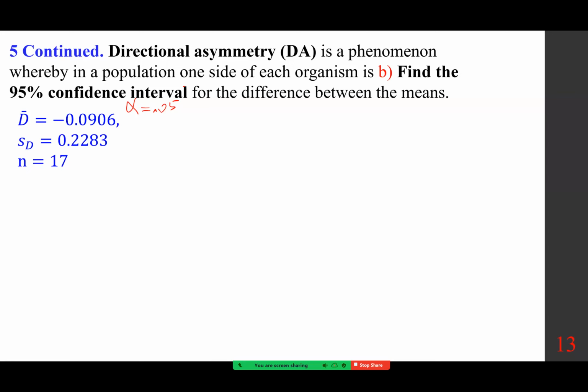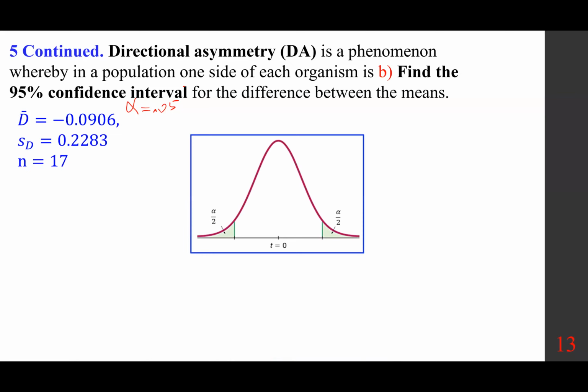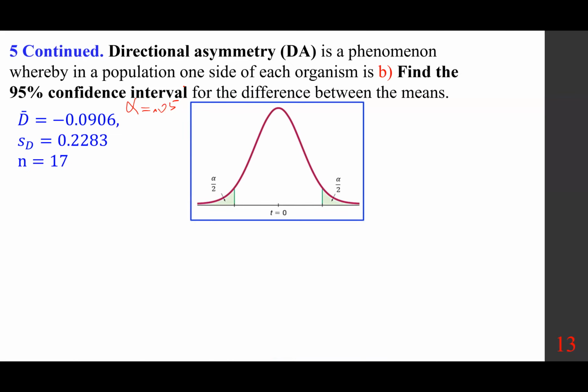It corresponds to a 95% confidence interval. And we get the same critical value of plus minus 2.120, because again, degrees of freedom is the same, 17 minus 1, or 16. So it's the same as before because alpha of 0.05 corresponds to 95% confidence.